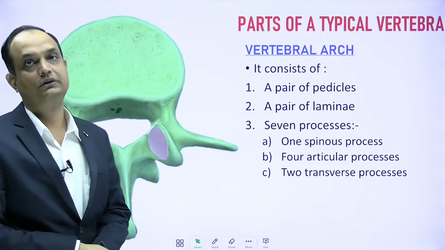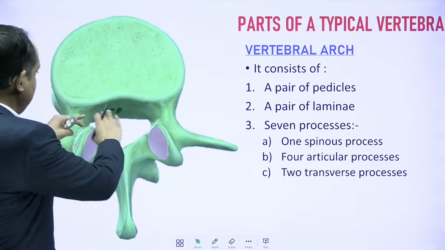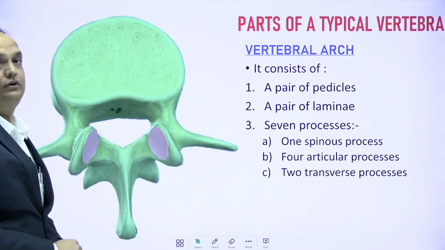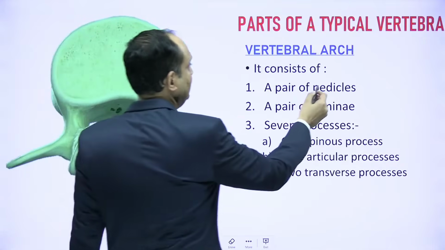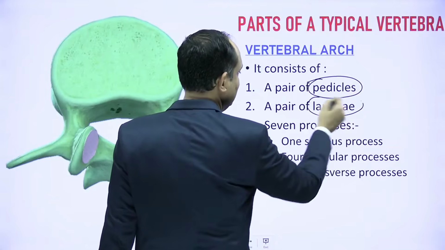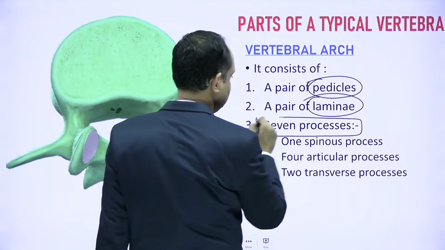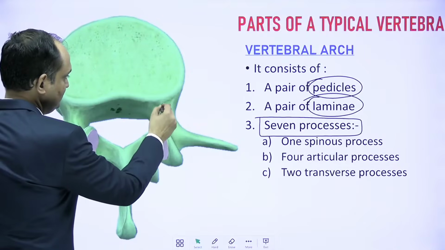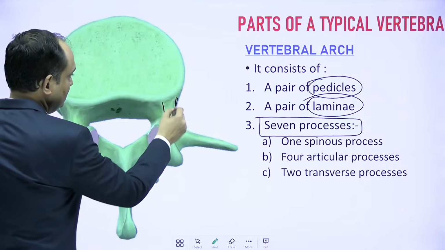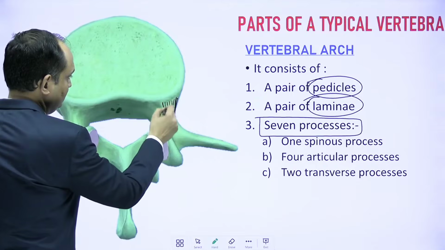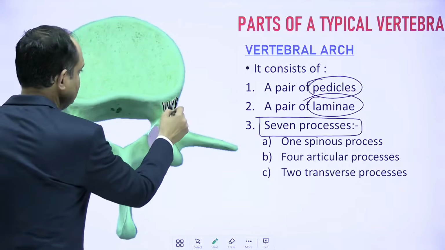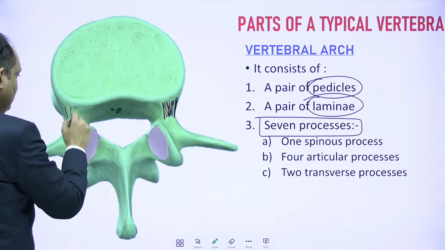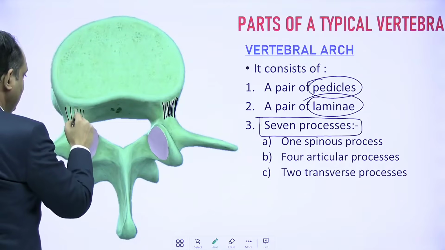Now what about the vertebral arch? When you see this posterior portion, you will find a pair of pedicles, laminae and 7 processes. So what is a pedicle? The pedicle is a connection which starts from the posterior side of the body. This area is known as the pedicle of a vertebra.